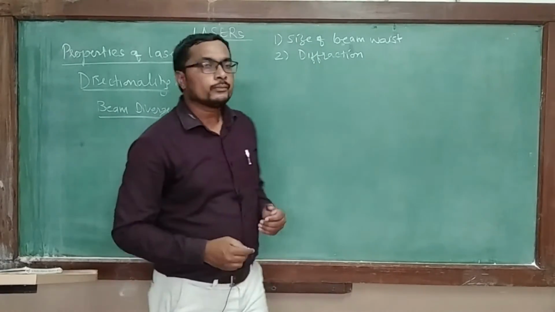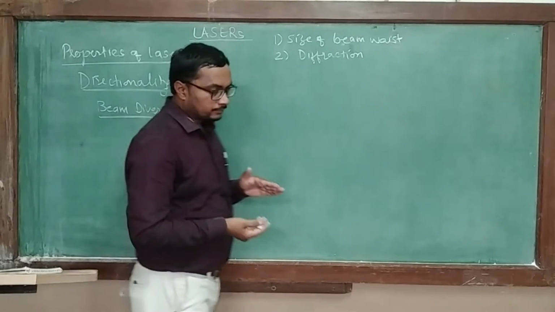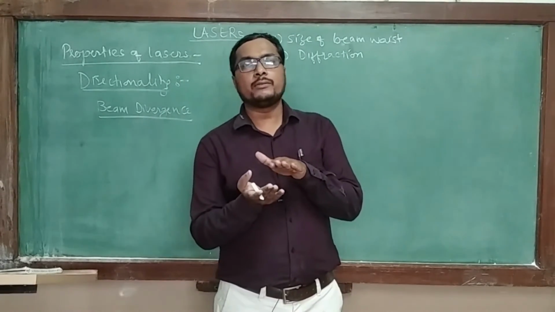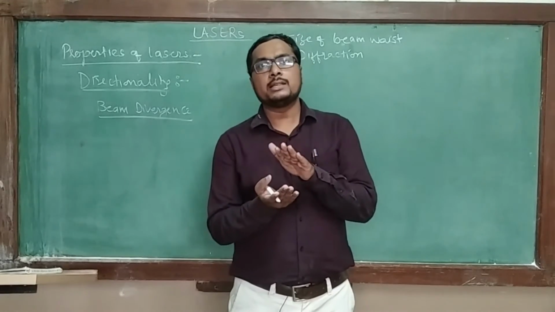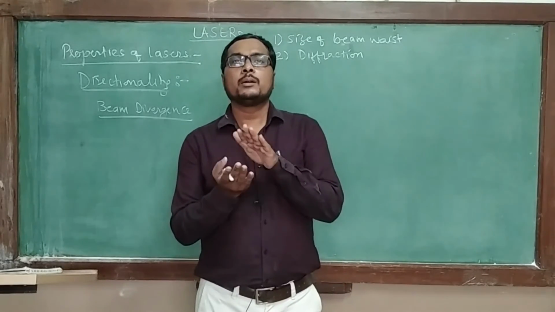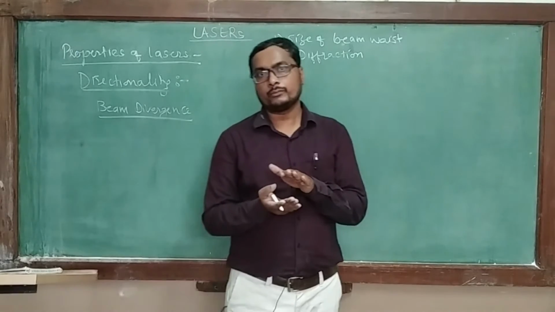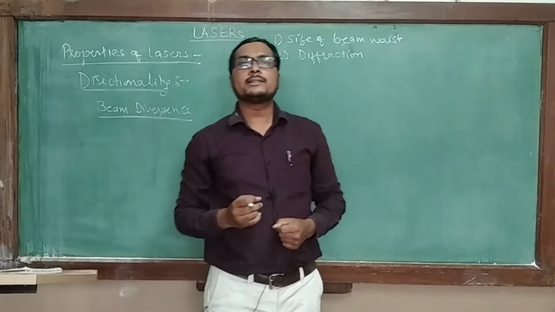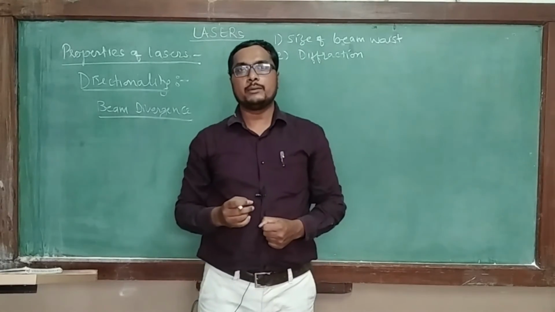So we have seen the angle between the center of the laser beam and the edge of the laser beam is called the beam divergence angle. Twice the angle of beam divergence is called the full angle beam divergence.